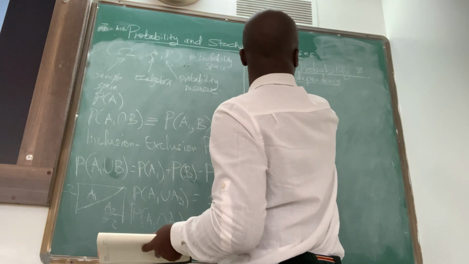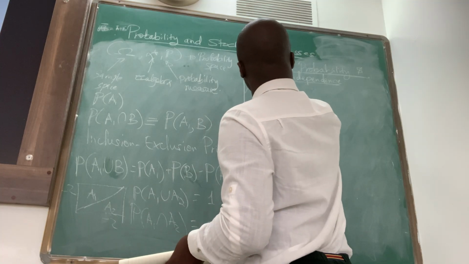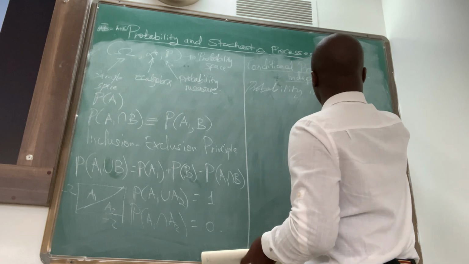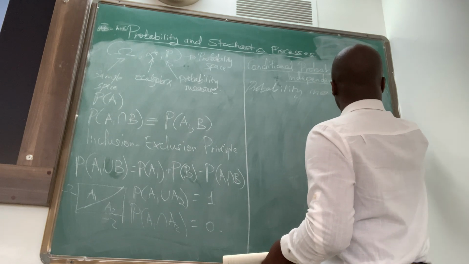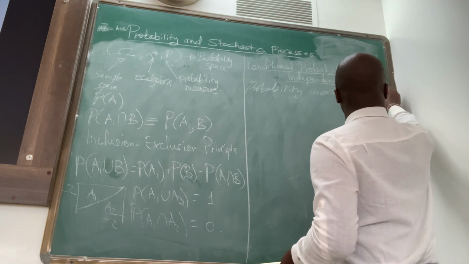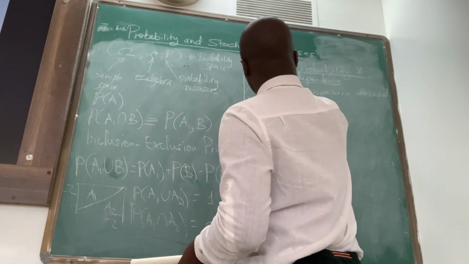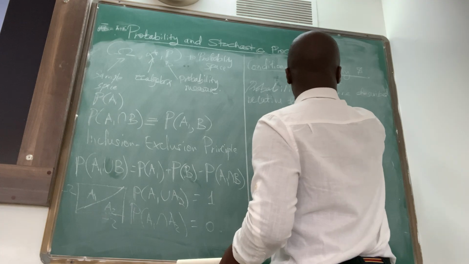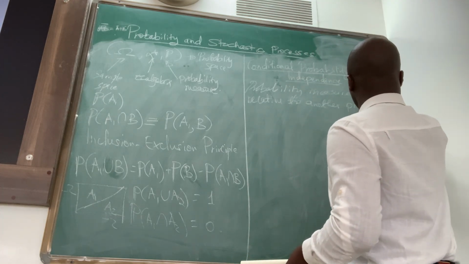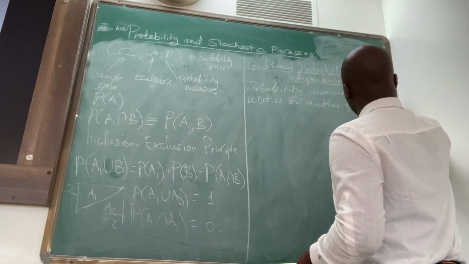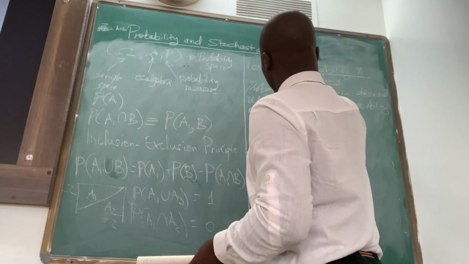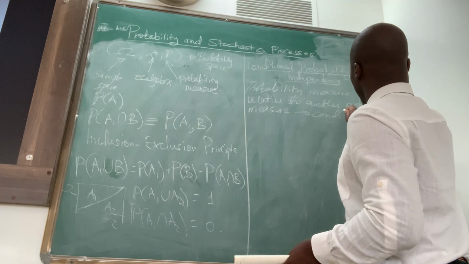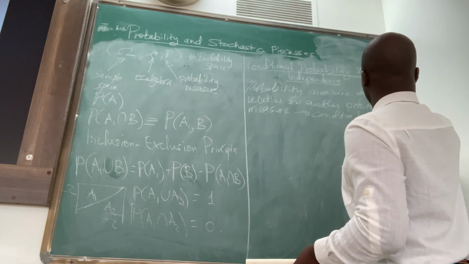So we can say a probability measure described relative to another probability measure. That's what we call conditional probability.